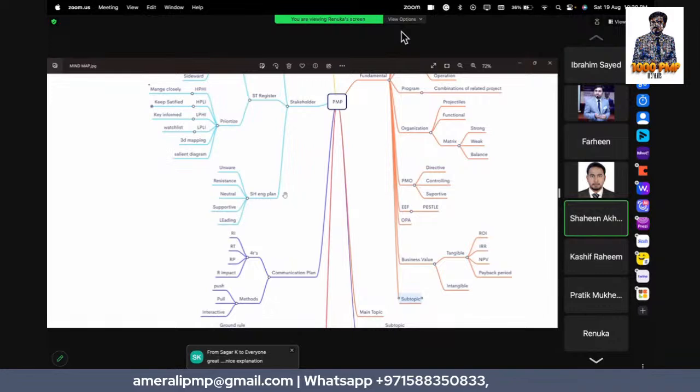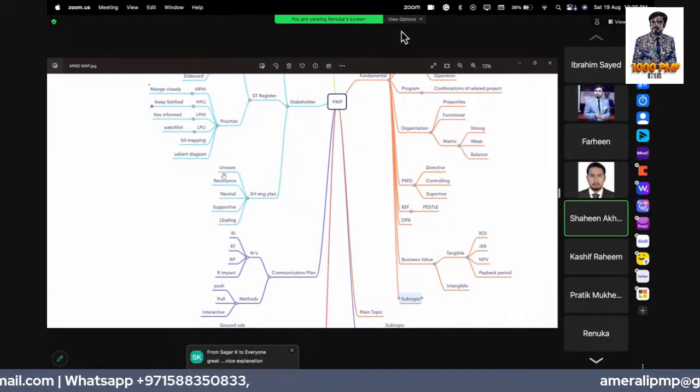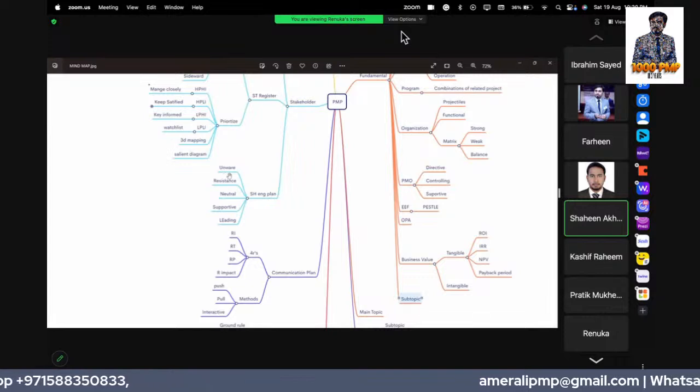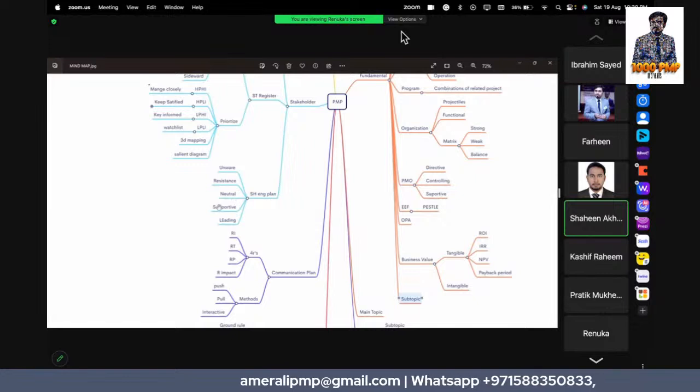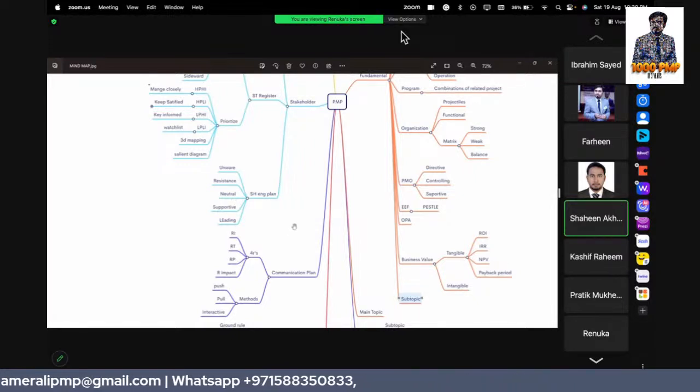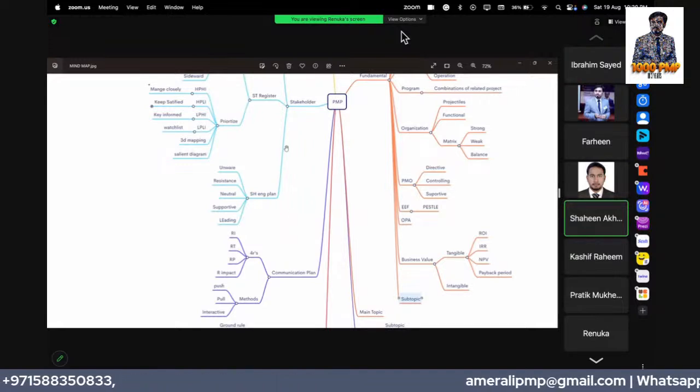Then there is a stakeholder engagement plan. Under this, we note whether the stakeholders are unaware, resistant, neutral, supportive, or leading towards the project that we are executing. So this is under the stakeholder topic.